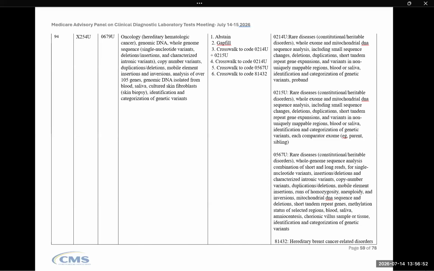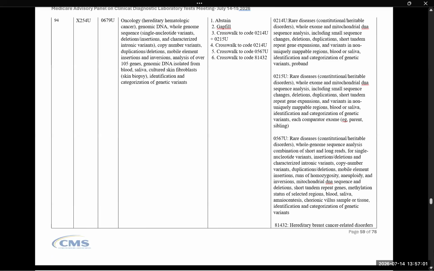So for the panel, there's a number of different options here, right? We've got gap fill, a couple of crosswalks, and then either crosswalking to other PLA codes or crosswalking to the Cat 1 hereditary panel 81432. Does anybody else have any questions? Panel members, CMS?